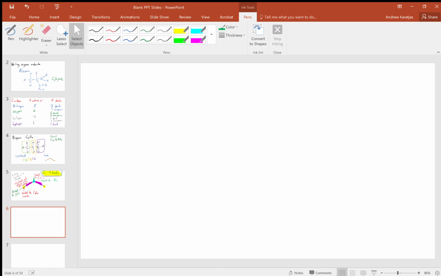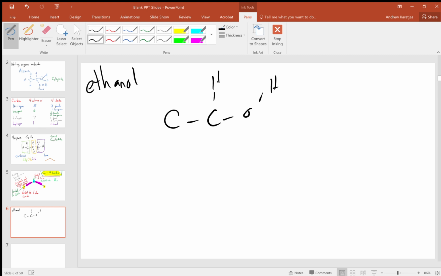What about atoms other than carbon and hydrogen? What do we do with those? So here's ethanol, for example. So the carbons, we do what we did on the previous page. We just draw the line in. So this carbon is this carbon, and it's bonded to this carbon.